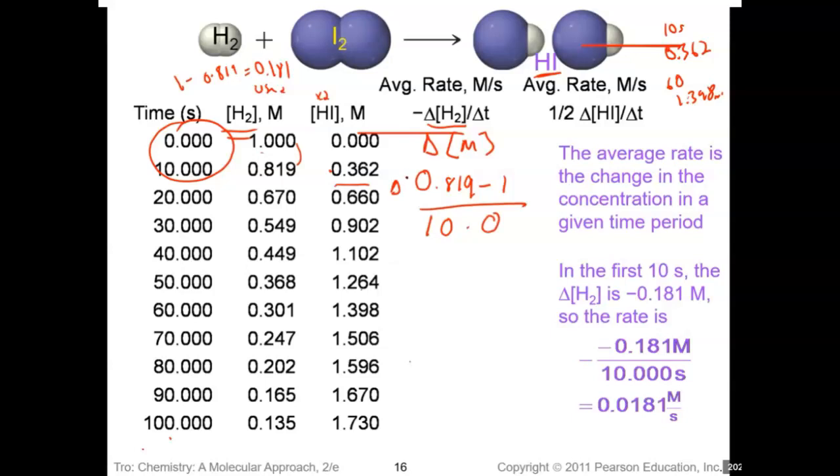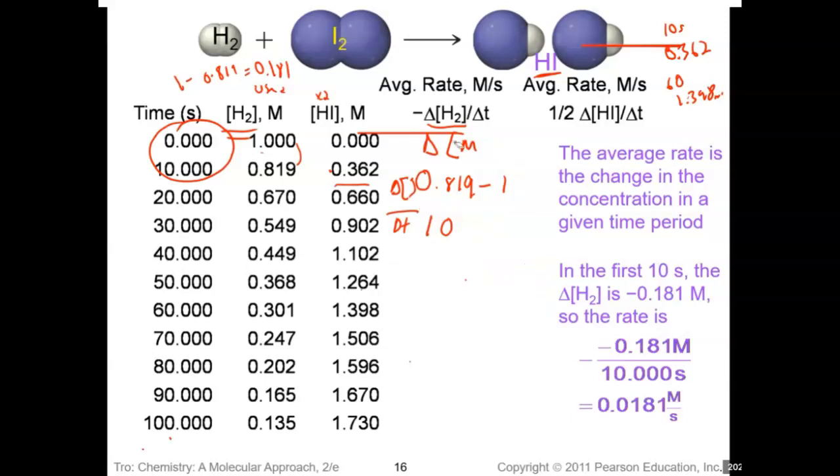That's the change in the concentration over the change in time. When we do that, you get negative 0.0181 molarity per second. But again, we need to change that to a positive because reactants are disappearing. And again, our rates are always going to be positive, so we have to correct it with a negative.